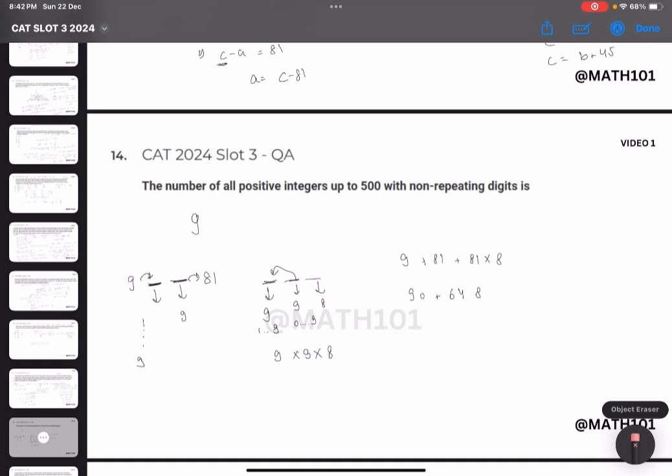No, I made a mistake here. This cannot be 9. This can be from 1 to 4 only. So here we'll have 4, from 1 to 4, excluding that number there. So we'll have 4 into 9 into 8, which is 72 times 4.